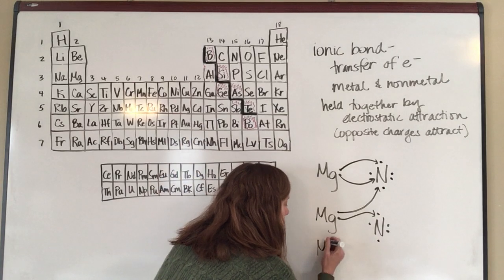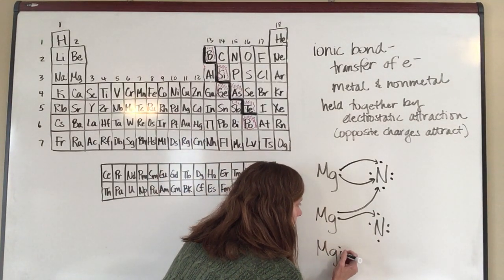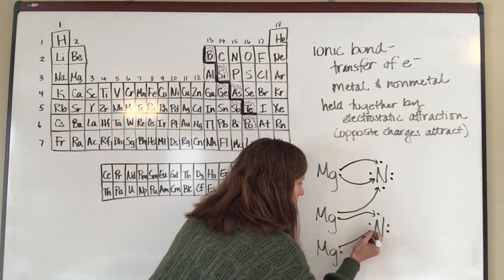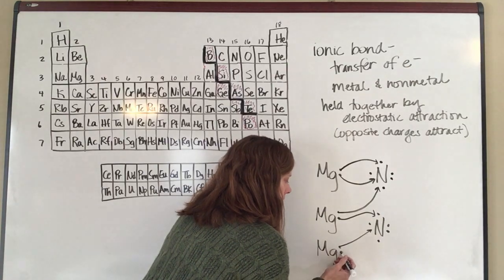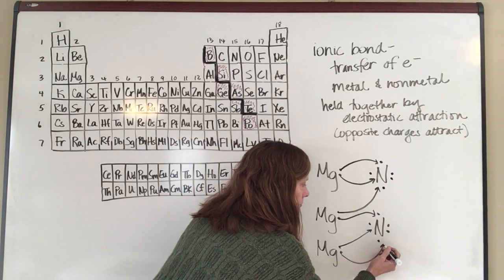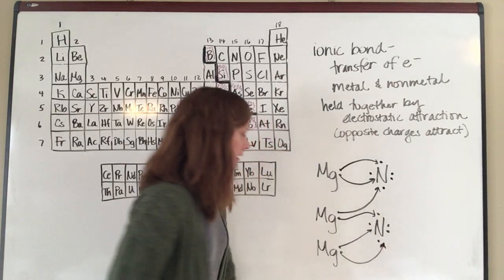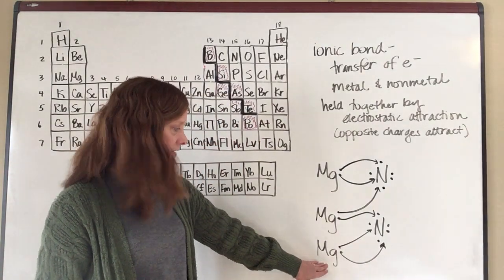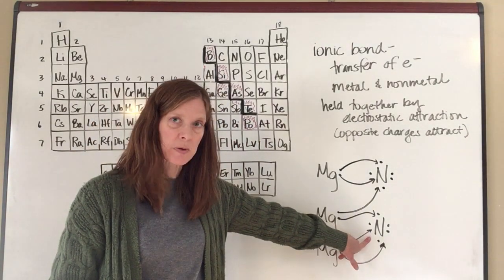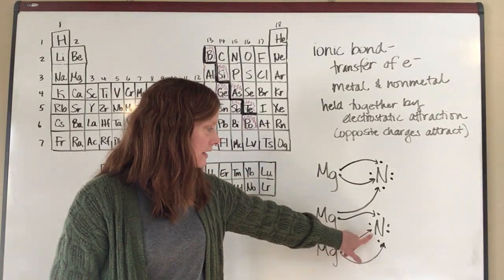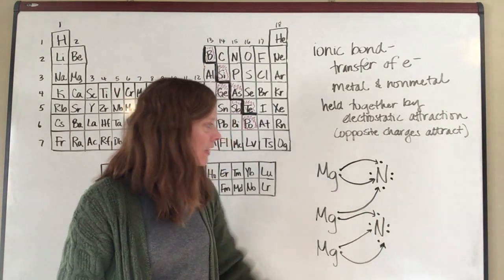So let's bring in 1 more magnesium. So this magnesium is going to go, this electron's going to go here. This electron will go down here. Is this magnesium happy? Yes, he got rid of both of them. Is this nitrogen happy? Yes, he gained 3 electrons.